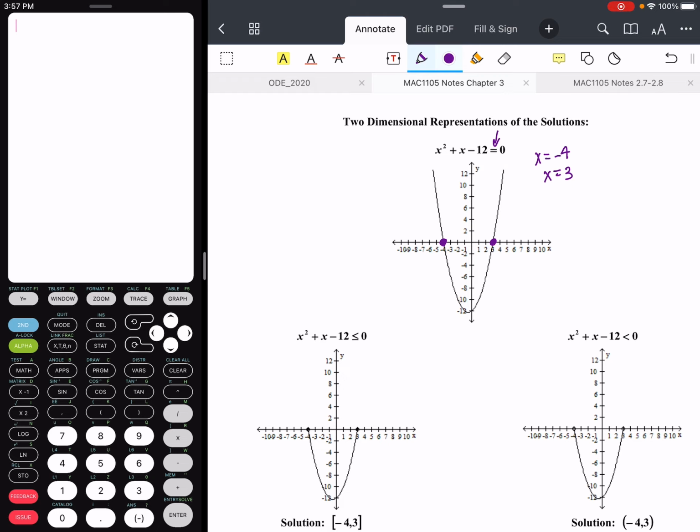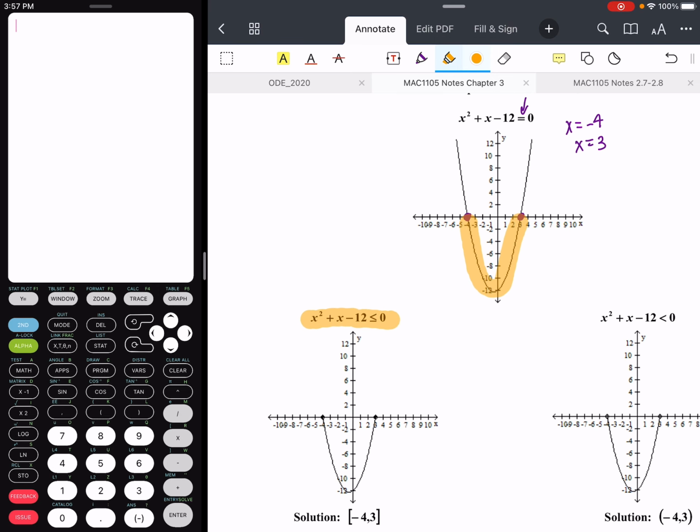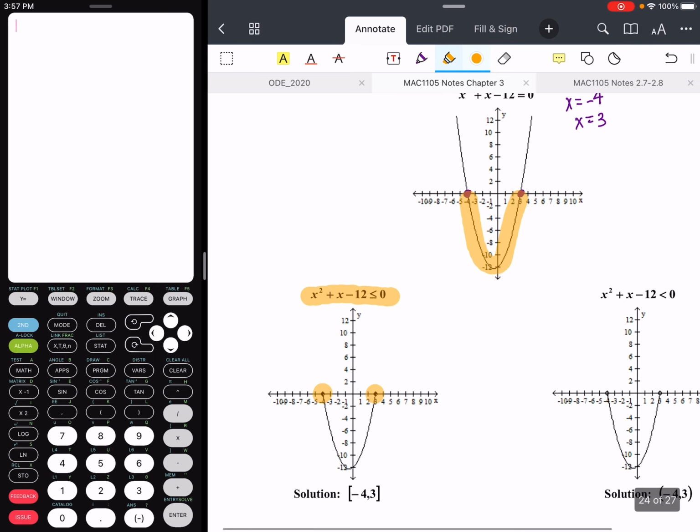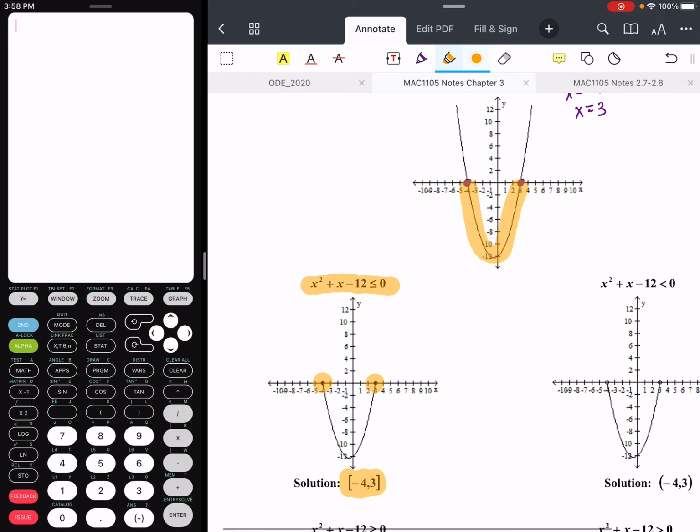Now, if you look at x squared plus x minus 12 is less than or equal to 0, less than or equal to 0 represents our negative numbers, right? So now we're going below our x-axis. Because it's less than or equal to 0, we are including those endpoints of -4 and +3. So remember my solution was from -4 to +3. This contains all of the solutions to that inequality.